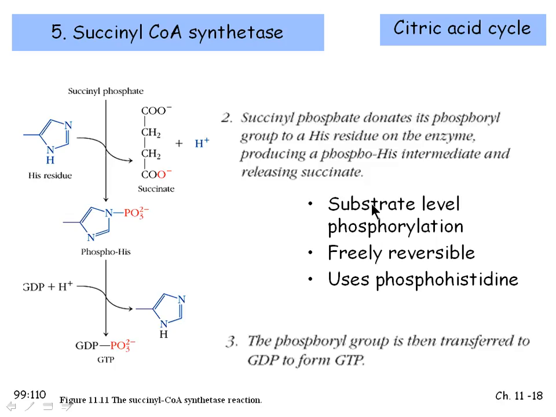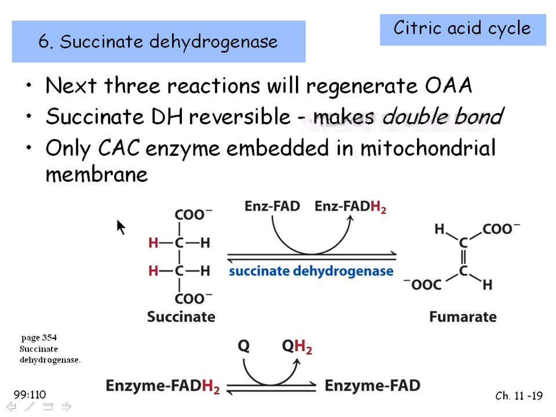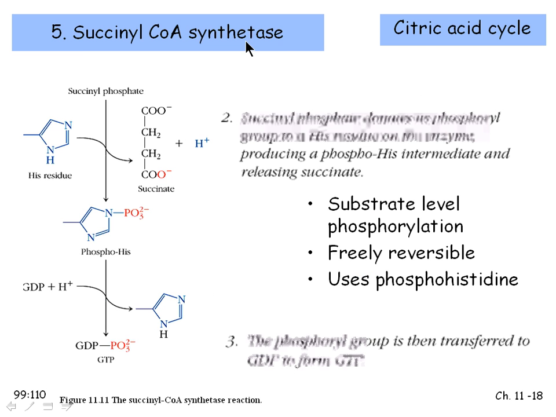So this is substrate-level phosphorylation. We can make a fresh high-energy bond from something that did not have one to begin with. And again, just to make the point, it's named for the backwards reaction, since it's starting from succinyl-CoA in the cycle.